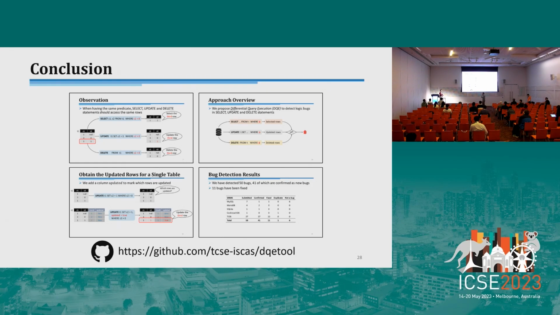Such inconsistency may cause bugs. Is it more likely to have such bugs when you query these databases with very complex predicates, or is it independent of the complexity of the predicates? Actually, simple predicates can also trigger bugs, and complexity may tend to trigger bugs. Okay.